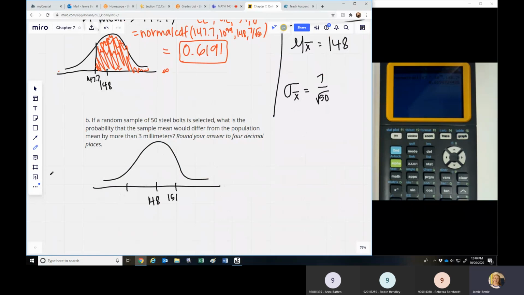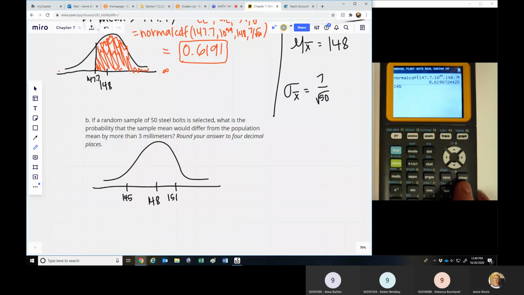If we go down 3, that would be 145. Just checking. Go ahead and draw your line straight up at both of those values.